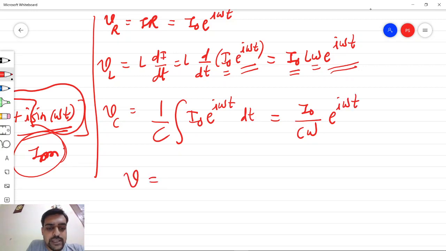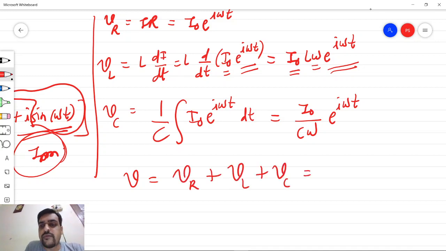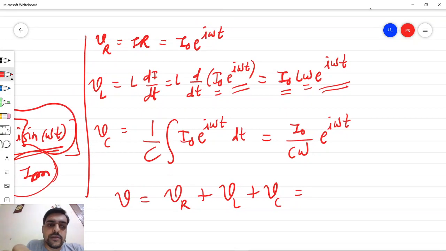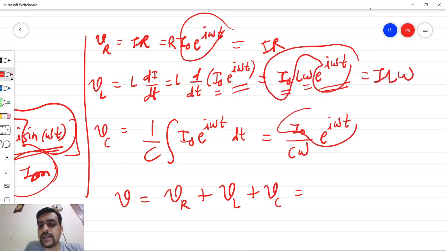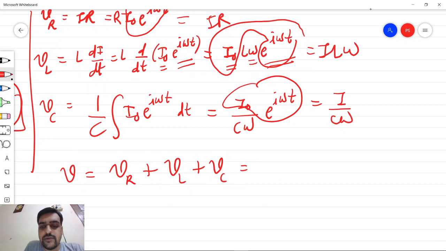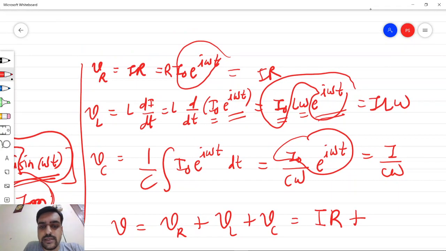Now V is the sum of these three values. So this is again I, so this is just IR. This is again I, so it is I L omega, and this is again I, so it is I upon C omega. So this V is equal to I R plus, there are some corrections here. Along with this omega, we get a multiplier i.